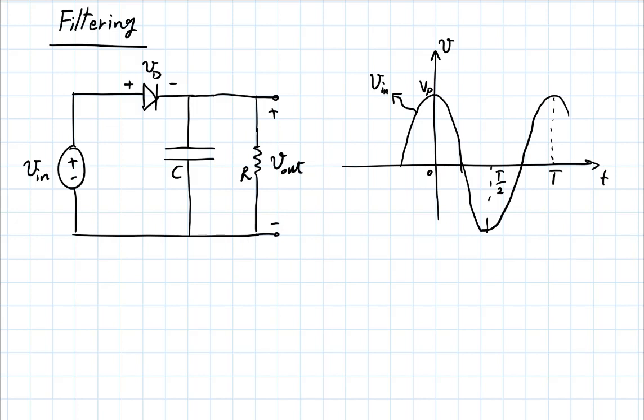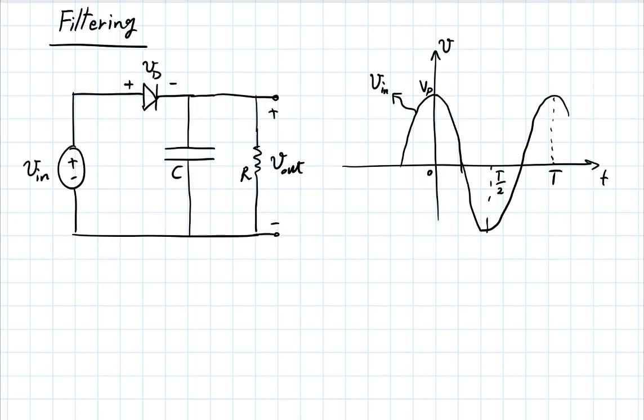So what happens is, as soon as the input starts to rise, the diode will just turn on and allow the capacitor voltage to follow the input. So the capacitor voltage will keep going up with the input. At some point, the input reaches the peak value, Vp, and then it starts descending.